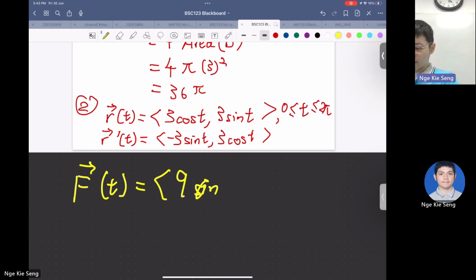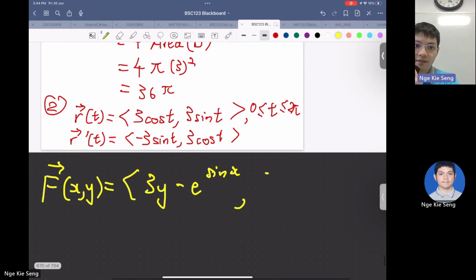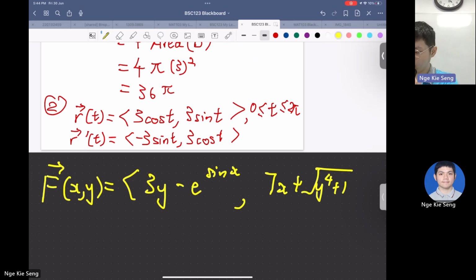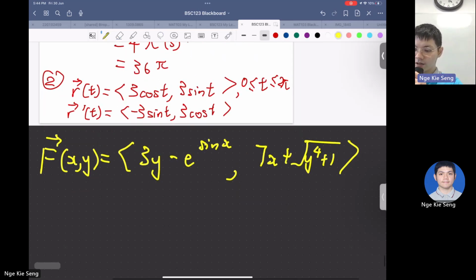Our f is, yeah, 3y minus e to the sine x, comma 7x plus square root of y to the power 4 plus 1. Okay, so this is our f. And then we need to substitute the curve inside.